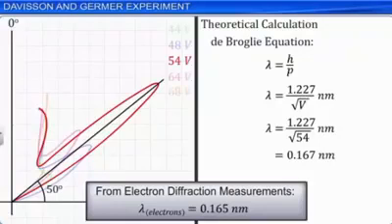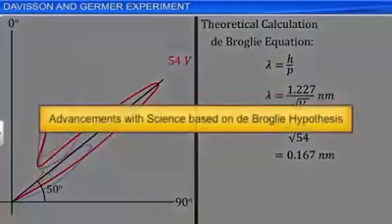This theoretical value is in agreement with the experimentally obtained value of de Broglie's wavelength for electrons. The Davisson-Germer experiment thus confirms the wave nature of electrons and the validity of the de Broglie relation. The de Broglie hypothesis has been the cornerstone of many advancements and applications in recent times.